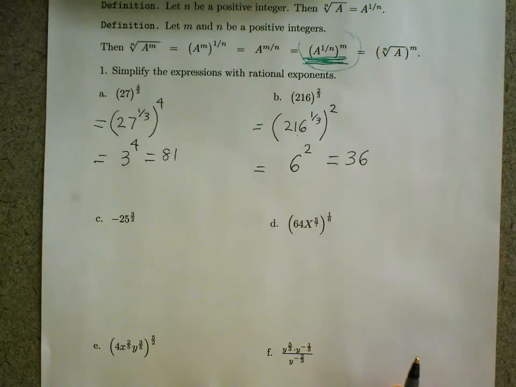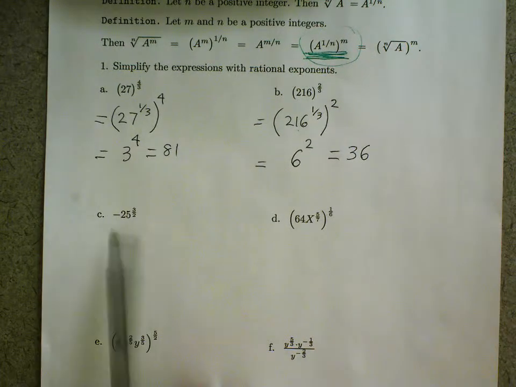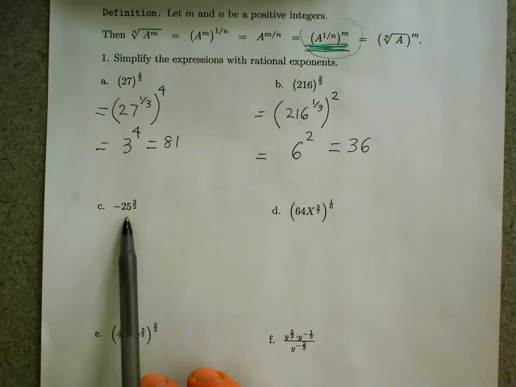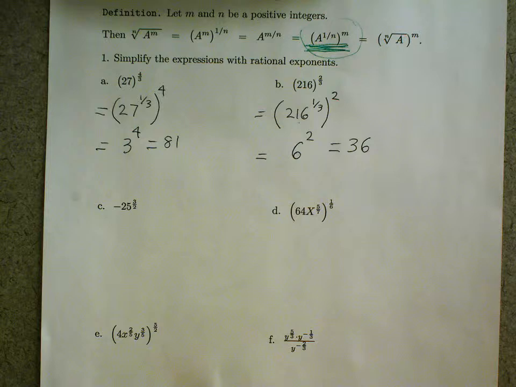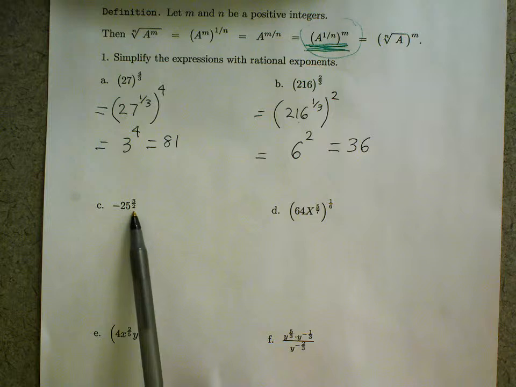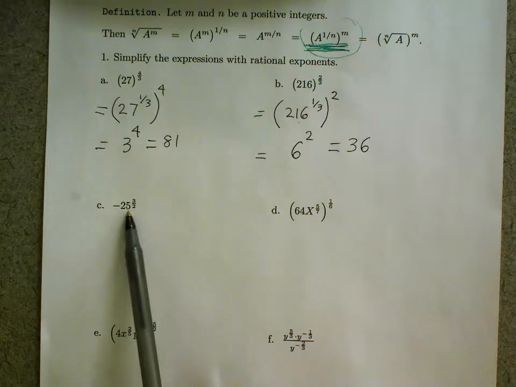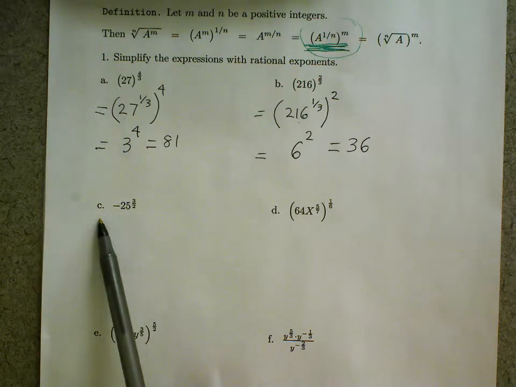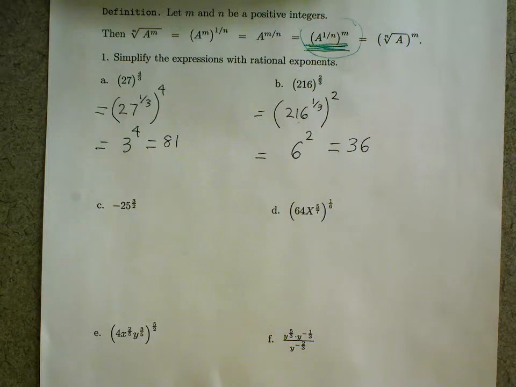Okay, the next one, negative 25 to the 3 halves. So this one, note that the exponent 3 halves applies to positive 25, and then afterwards we take the negative of that.